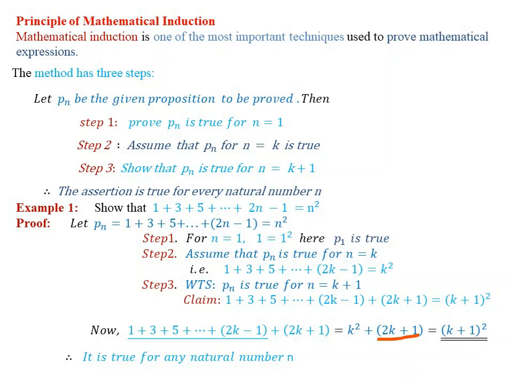Therefore our result becomes k square plus 2k plus 1, which is k plus 1 the whole square. Therefore this is the required result, so it is true for any natural number n. This is example number 1.